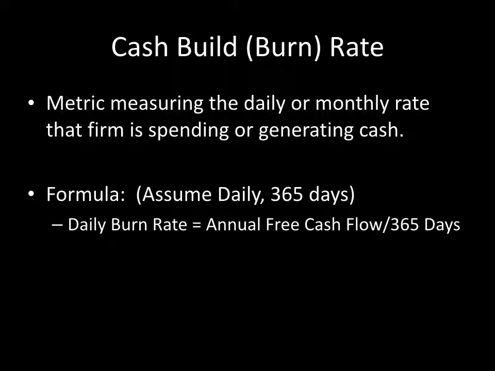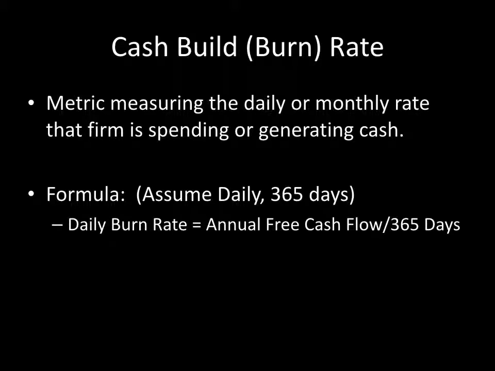Some people might use 360, some might use 270. I think it's just key that you select one and decide upon it. You take that annual free cash flow, which in the year of 2014 was negative 1,600, and divide it by 365 days, and you'll end up with what we call a burn rate. In other words, a daily burn rate. How much cash is the company spending in excess of what it's taking in?